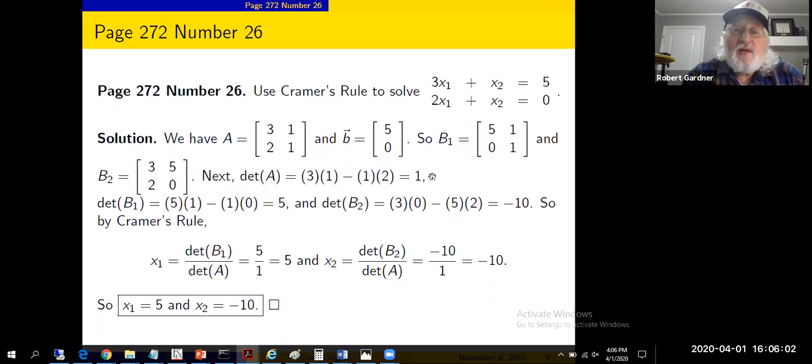So determinant of A is 1, determinant of B sub 1 is 5, determinant of B sub 2 is negative 10. Cramer's rule tells us x sub 1 is determinant of B sub 1 over the determinant of A, 5 over 1 is 5. x sub 2 is determinant of B sub 2 over the determinant of A, negative 10 over 1, negative 10. There's your x sub 1, there's your x sub 2. There's how Cramer's rule works.